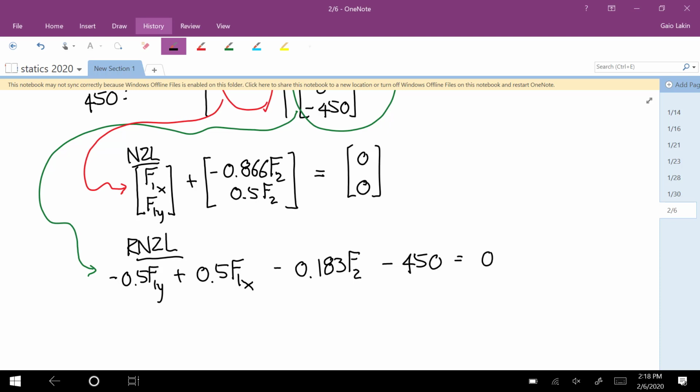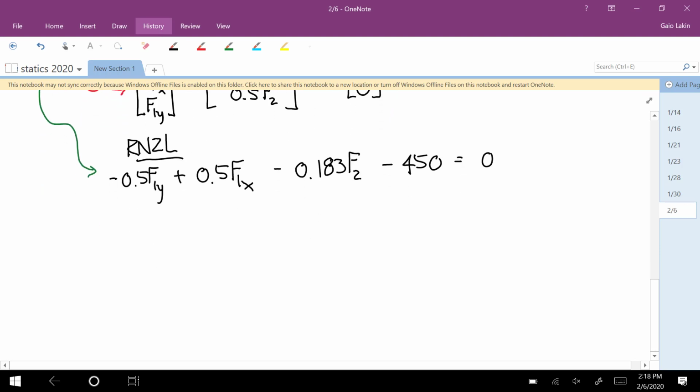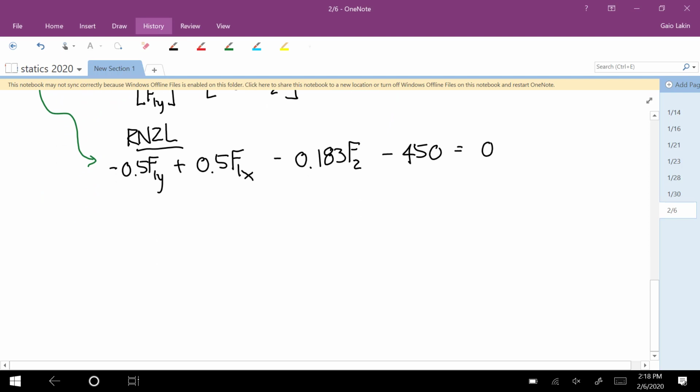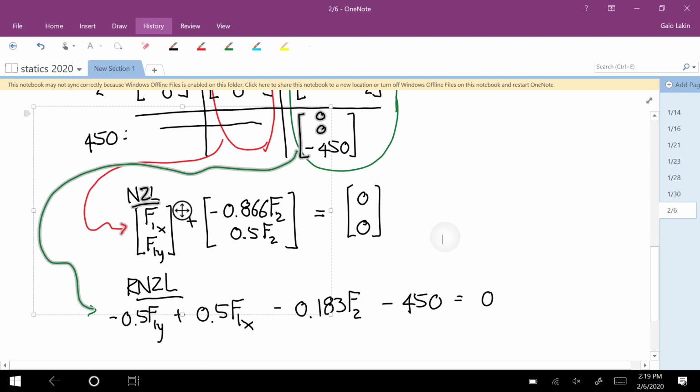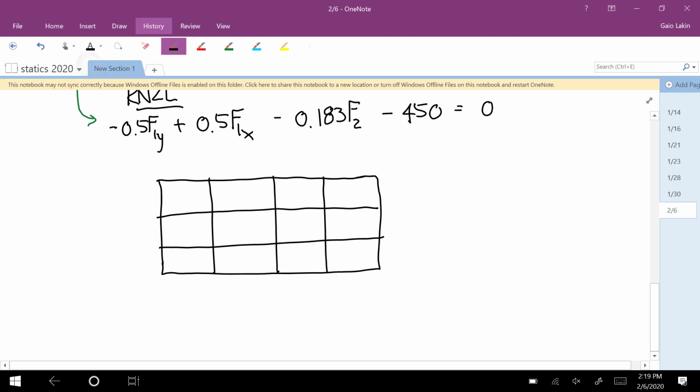You could solve this by substitution, but I'm going to write out an augmented matrix and we'll do it that way. So we have 3 equations. That means 3 rows, 4 columns. The order I'll go in is F1x, F1y, F2, and then the constant.